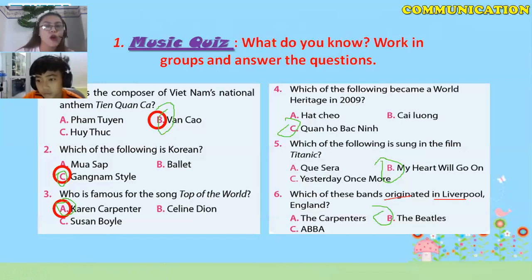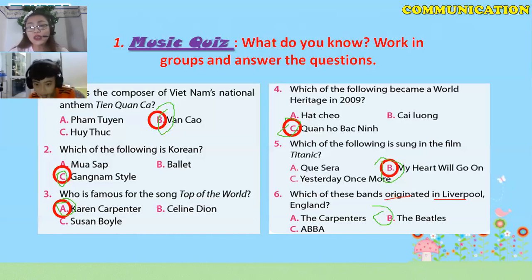Okay, number 4. Which of the following became a World Heritage in 2009? Okay, very good. Letter C. I don't know the other choices. Okay, number 5. Which of the following is sung in the film Titanic? Yes, this one. Did you know this song?